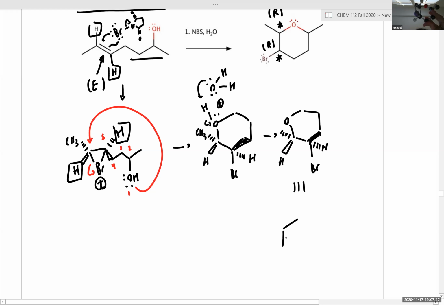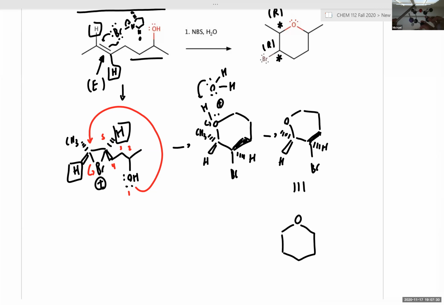So now that we've rotated our molecule to match our desired perspective, we're then just going to draw what we see. Starting with the first carbon closest to the oxygen, is this hydrogen pointing towards or away from us?